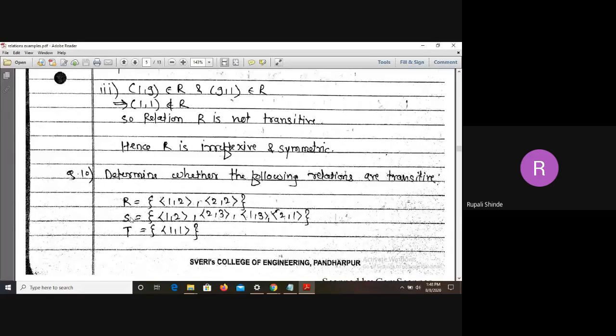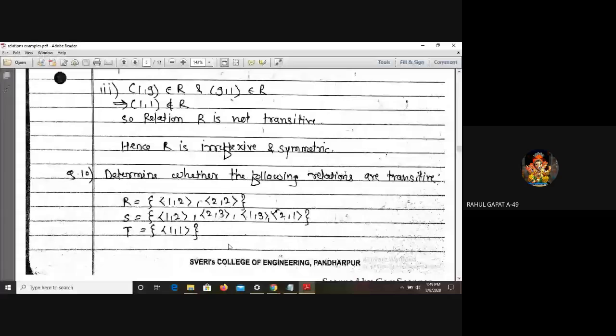Now check for relation S whether this one is transitive. Not transitive. Explanation why it is not transitive: the ordered pair 2, 2 is not present.